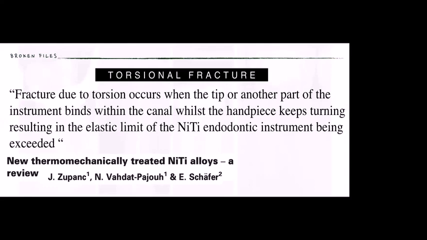Summarizing from a clinical point of view, it means that if we press the file a lot, we are going to break the file. So we have to try to decrease the force that we use during the instrumentation.